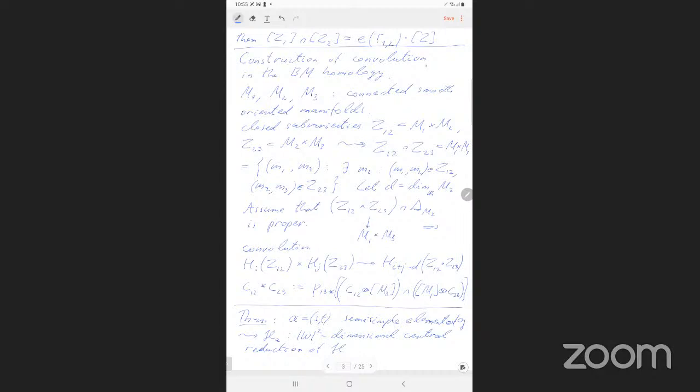And the theorem was that this central reduction was isomorphic to the Borel-Moore homology of the Steinberg variety of triples, fixed points with respect to the action of this element A, say with complex coefficients, with respect to the convolution, which I just have defined.